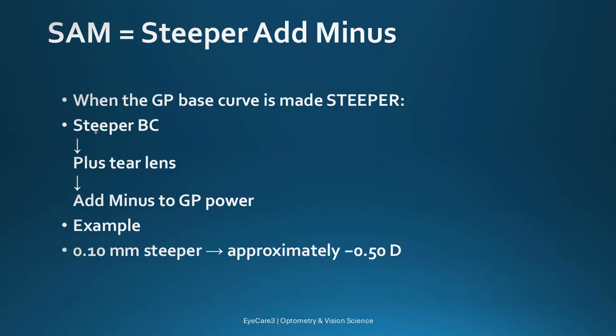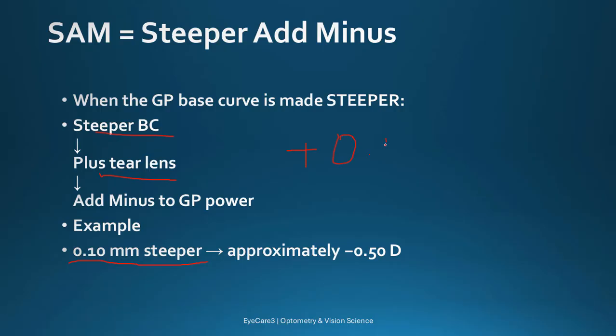So we have discussed this steeper base curve. A plus tear lens is created, and you have to add minus power to the GP lens power. For example, if you made it 0.1 millimeter steeper, 0.1 millimeter is approximately equal to 0.50 diopters. So you made it steeper, the additional power we have is plus 0.5.